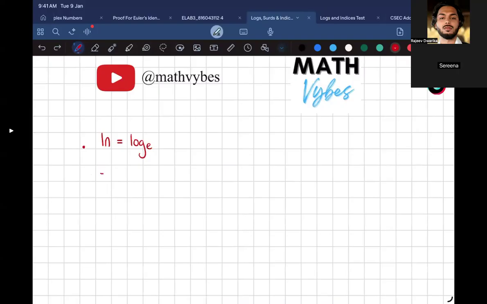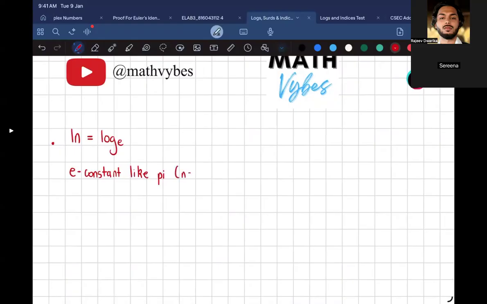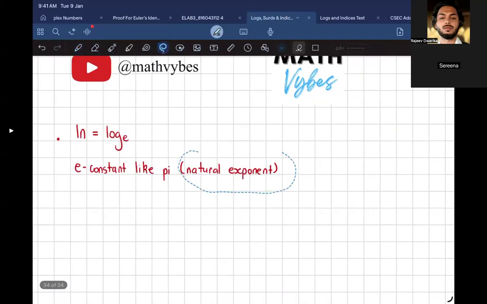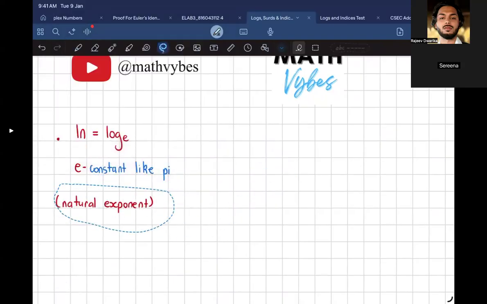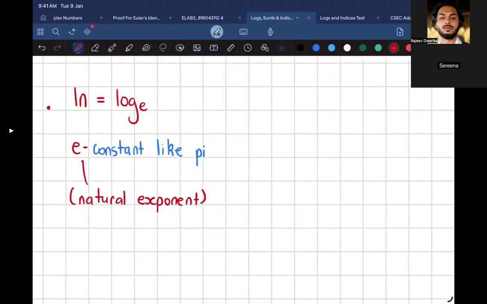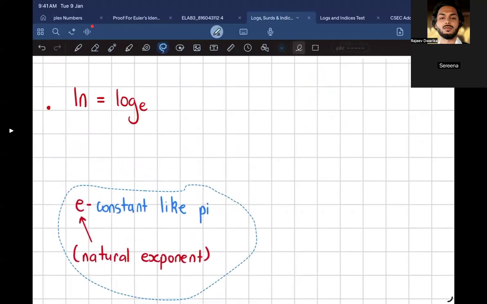And e is a constant, like pi. e is called the natural exponent, and ln is called the natural logarithm. Make a note about that. Just some things to know.